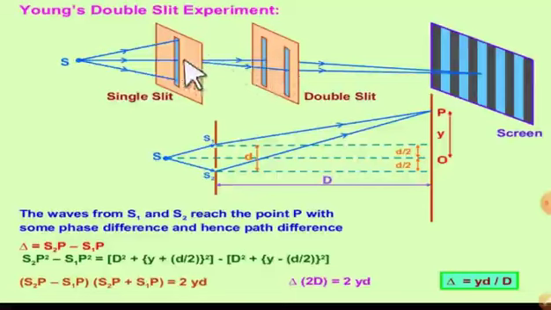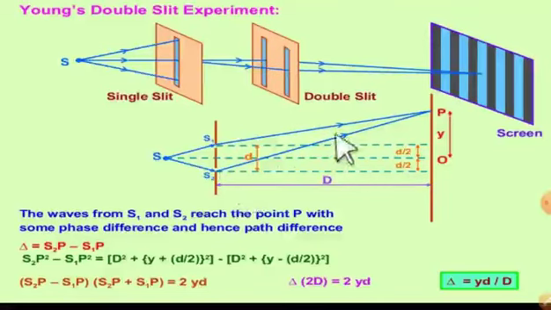Then what happened here also? These two sources will have the same amplitude, same frequency, and if they do not have the same phase, rather they will have a constant phase difference. So they are constituting what? Two coherent sources, we can assume in that way.